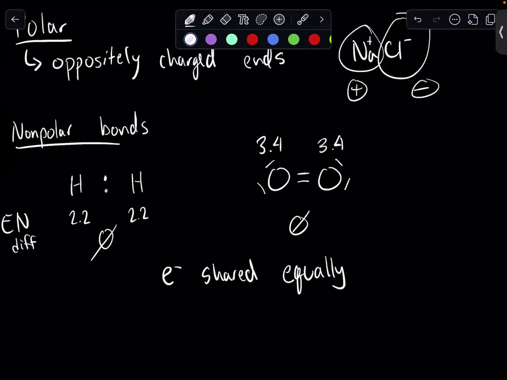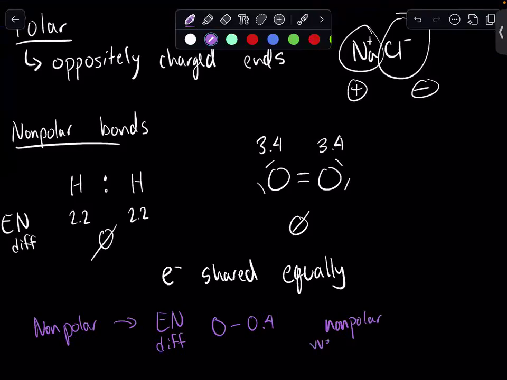Generally, what we say is that for a nonpolar bond, the electronegativity difference is from 0 to 0.4, somewhere in that range. This would generally say that these are either nonpolar or very weakly polar.